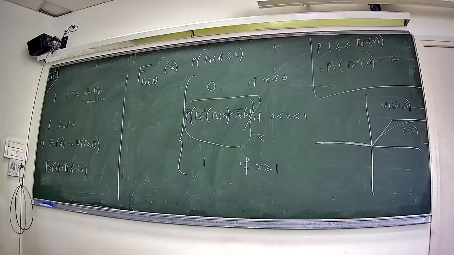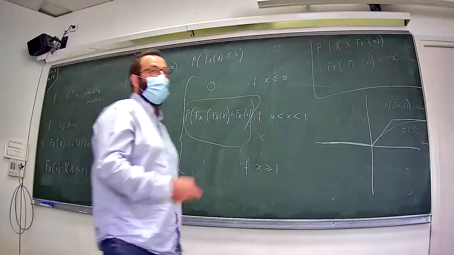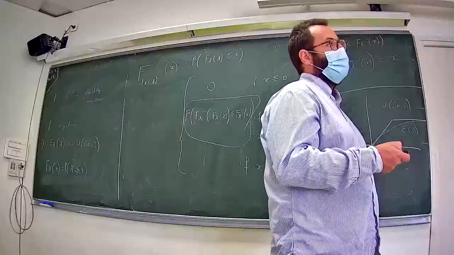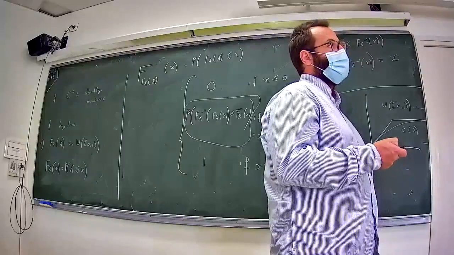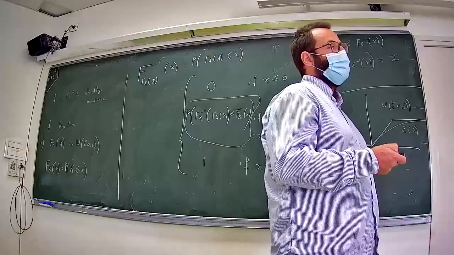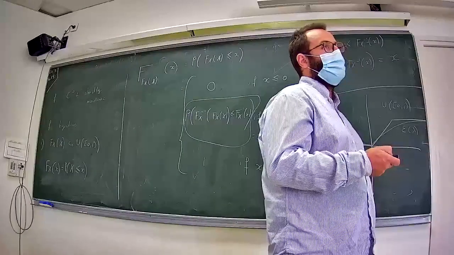And in practice, it is this kind of result that we use. So what is the idea here? I will do the job, it's a little computation, to prove that this one has the same distribution as capital X because FX minus 1 of U has a distribution function that is none other than FX.